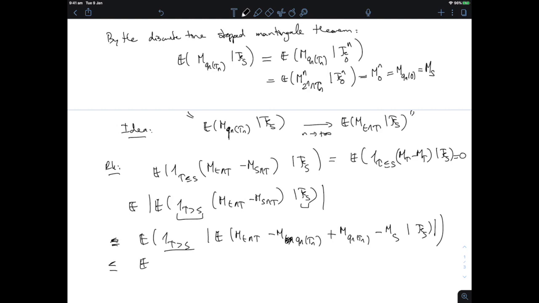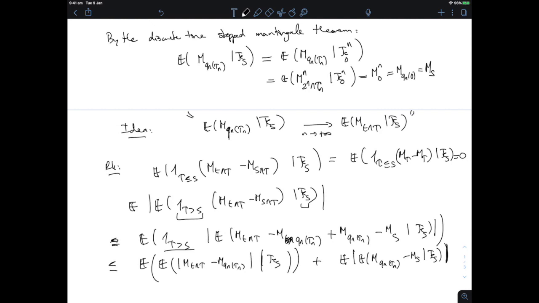If I show it is 0, then I'm showing something even stronger, and I'm going to have the expectation of the conditional expectation of the absolute value of M_{t minimum tau} minus M_{q_n of tau_n} given F_s, plus, by triangle inequality, the expectation of the absolute value of the conditional expectation of M_{q_n of tau_n} minus M_s given F_s.